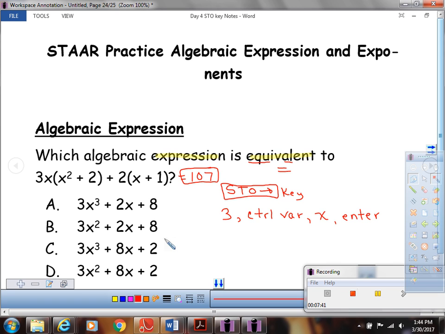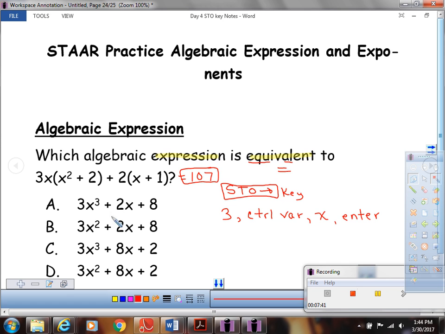You need to continue, because remember, sometimes you have more than one. Okay. So let's say that you do A and it gives you 107, and then you get to C and it gives you 107. Well, at least we've narrowed it down to 2 answers. And now you have a 50-50 chance of getting the right answer.